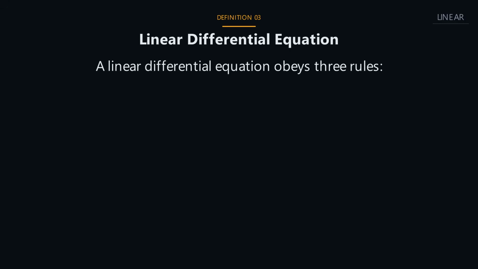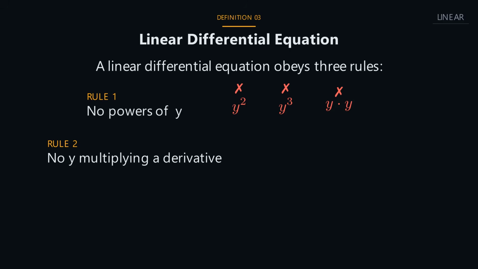A linear differential equation is a differential equation that has no powers of y. For example, no y squared, no y cubed, nothing. You can't have y times y. On top of that, your coefficient for any y prime or y double prime, any derivative of y, or even just y itself, cannot be another y.